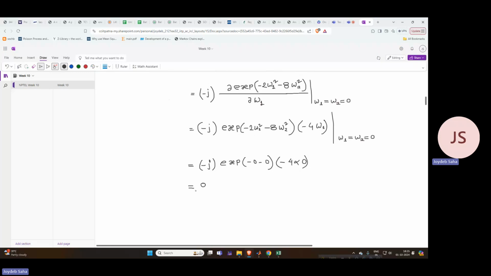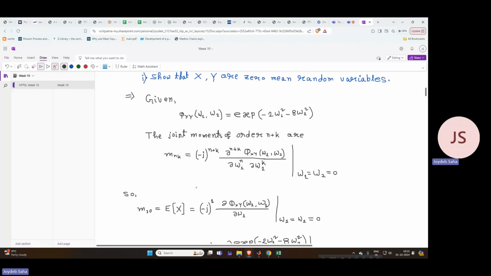So can we say that x is a 0 mean random variable? Yes, because the expectation of x is 0.